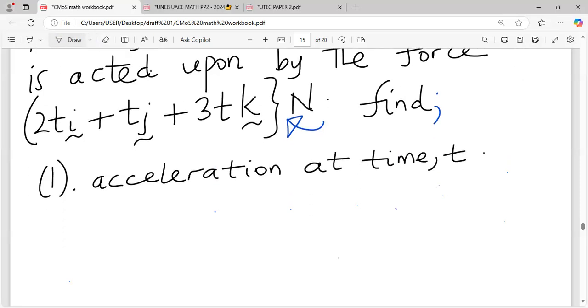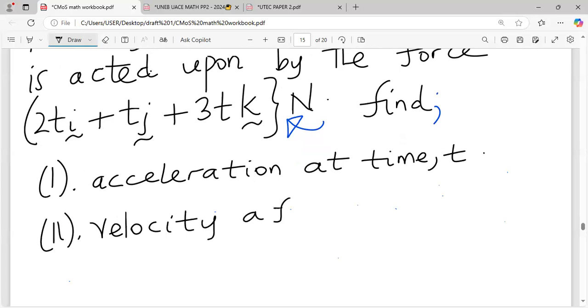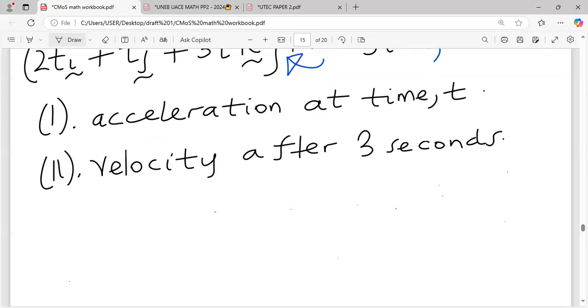Then after acceleration at time t, you see what they want, velocity. So the question should be, what is the relationship between velocity and the acceleration? So they want velocity after 3 seconds. Next time they will say after t equal to 3. Yes, they have just said after 3 seconds.